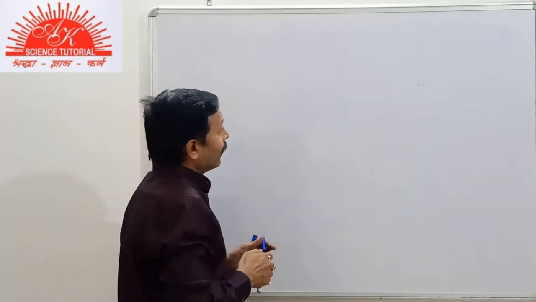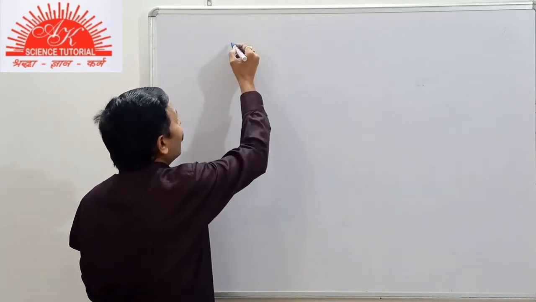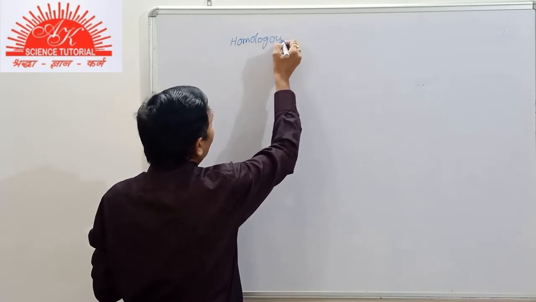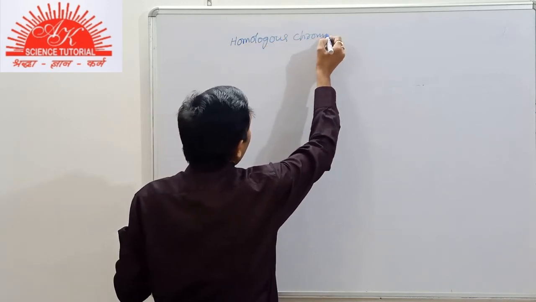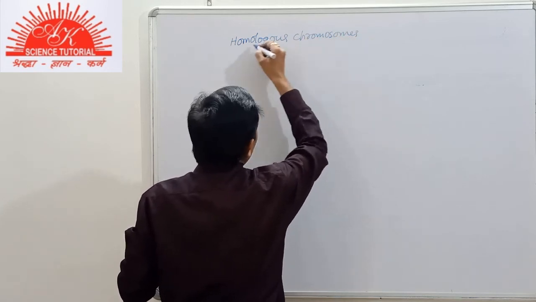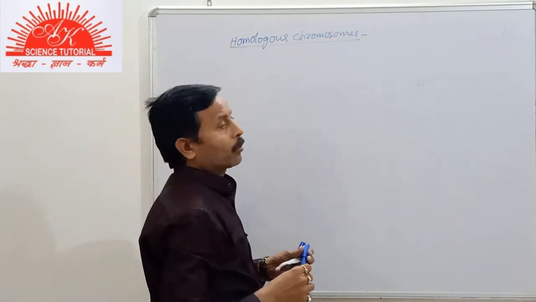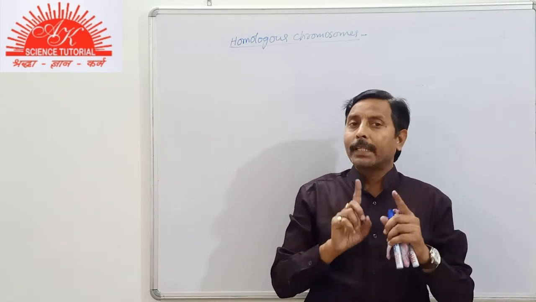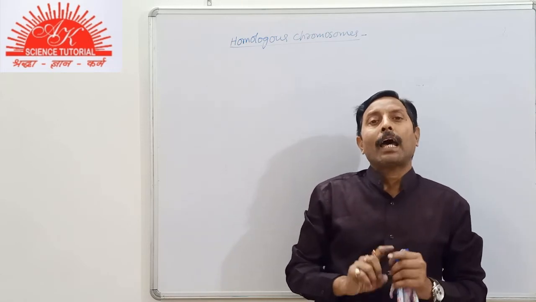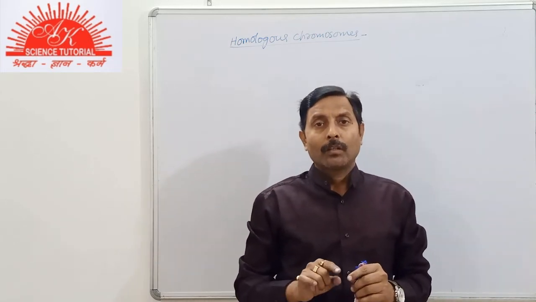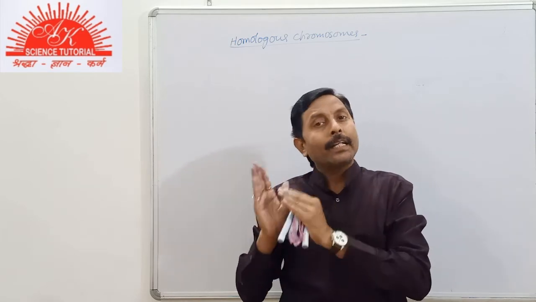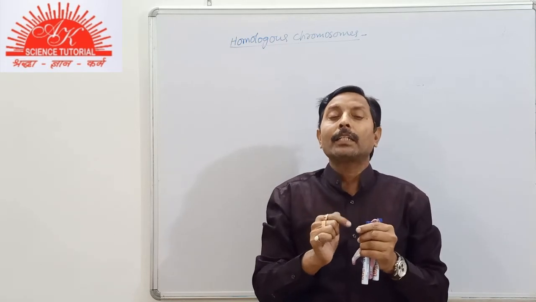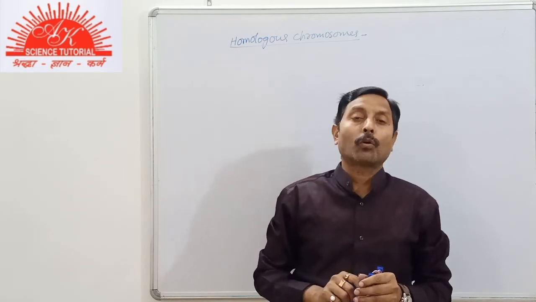So we have to study here a term called homologous chromosomes. The pair of chromosomes of same shape, size and genetic location, one coming from either of the parents, is called a homologous pair of chromosomes.